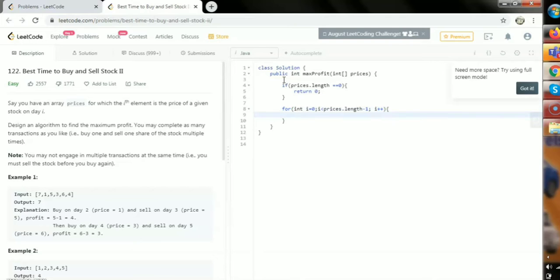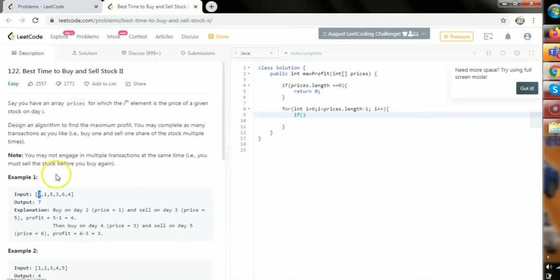Here the condition is quite simple. Let's suppose we compare the price of today and tomorrow, day 1 and day 2.